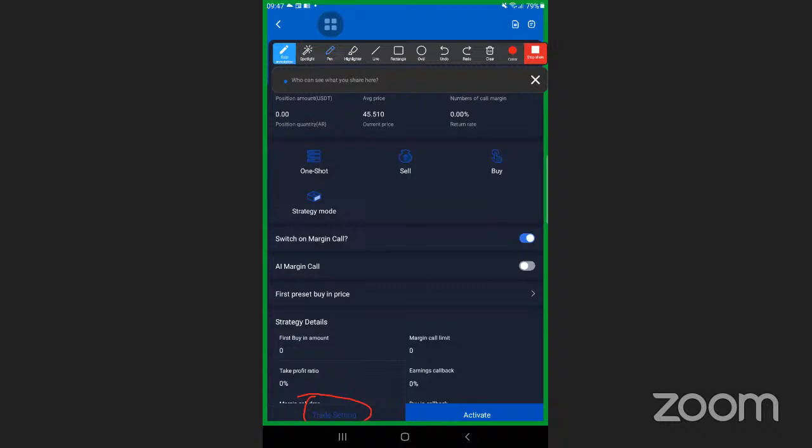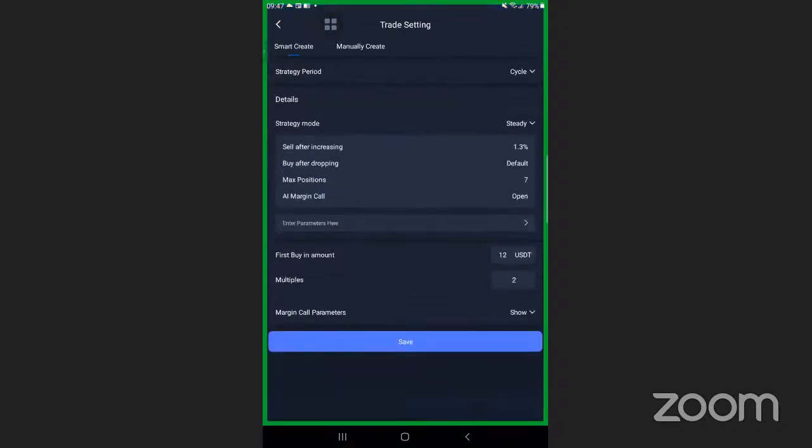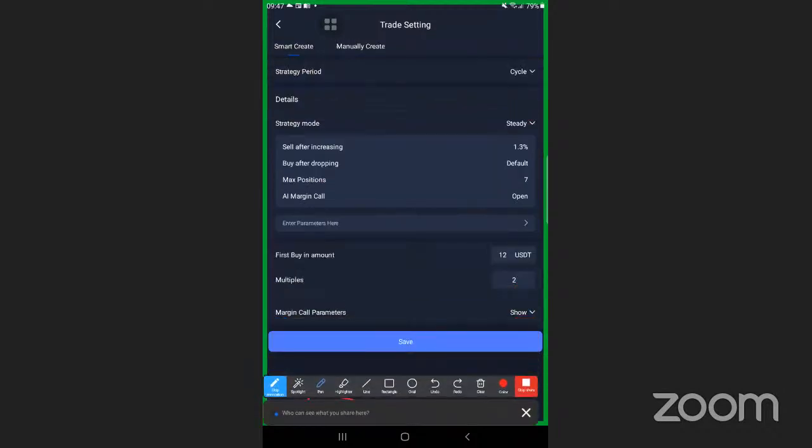We should tap on the trade setting, so that we put in the settings that we intend to give the robot to look at when it wants to trade. Then we tap on trade setting. We are landing on this page. If you are trading that particular coin for the very first time, it is going to show you the smart create and the manual create.